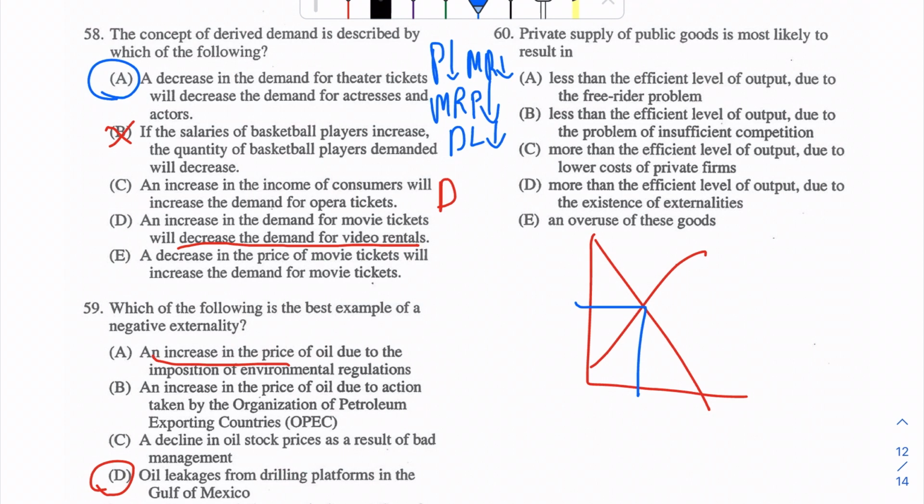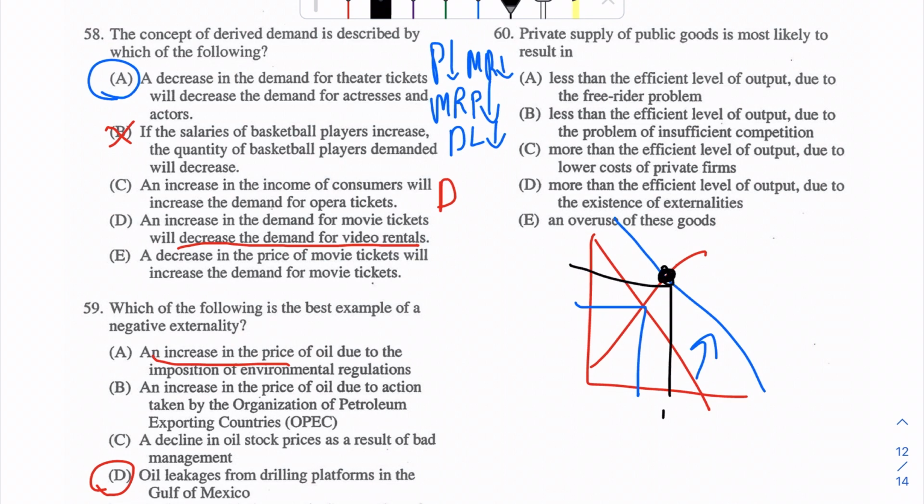They are going to be doing this, but because it's a public good, we're going to be having some more benefits to this, right? Because there's going to be some people that don't pay for it and they still benefit. So we have some extra benefits here, the marginal external benefits of the public good.